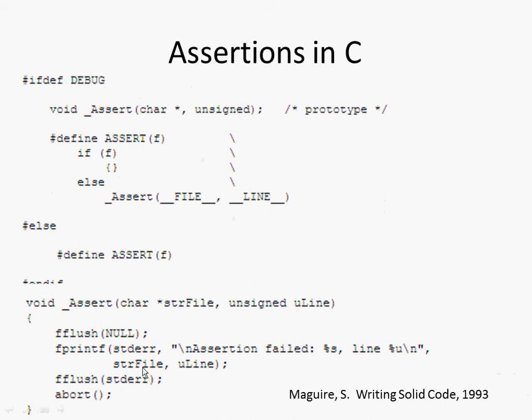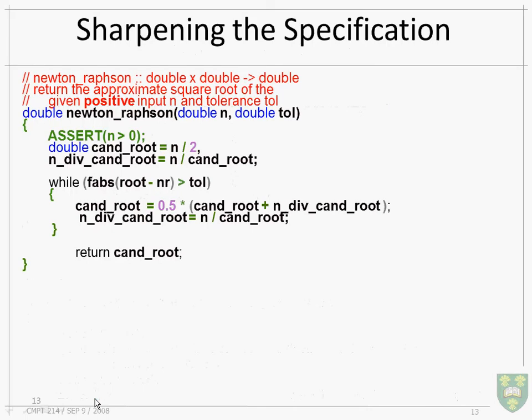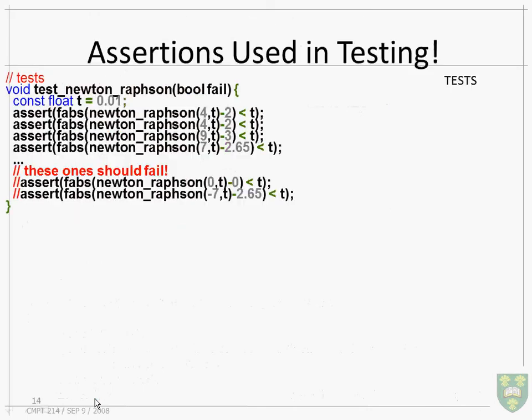Now, when you have assertions defined in this way, we can use them in our testing. And in fact, in your assignment 2, you're going to be doing exactly that. You're going to be writing tests like this. So if this test passes, what's going to happen? This first one here. Well, then it just goes on to the second one.